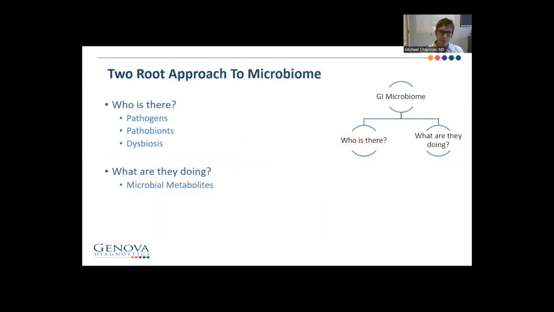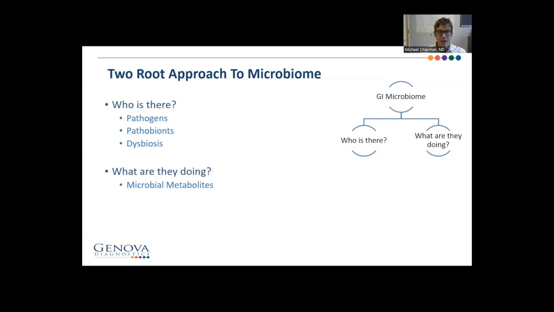So when I think of the microbiome, I think of 2 root causes: who's there and what are they doing? When it comes to who's there, there are pathogens. Those are our parasites and our salmonellas, maybe our yeast pathogens. There are pathobionts, which means opportunists, right? Things that maybe aren't causing a problem, but at a high level they might, or maybe that particular strain produces an endotoxin in some circumstances.